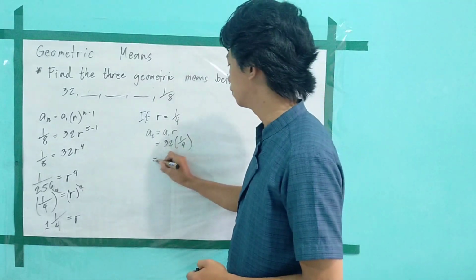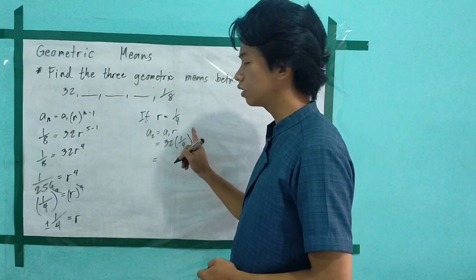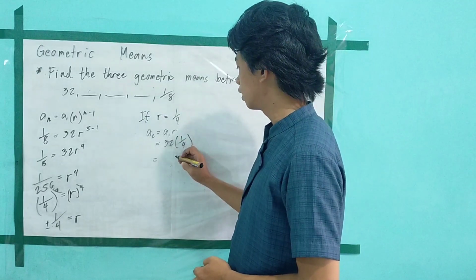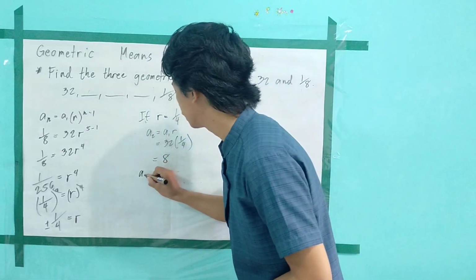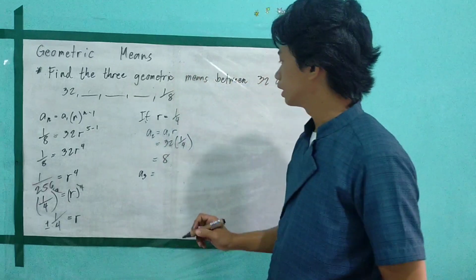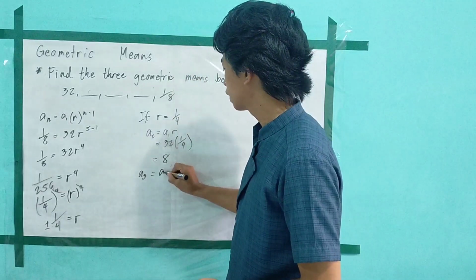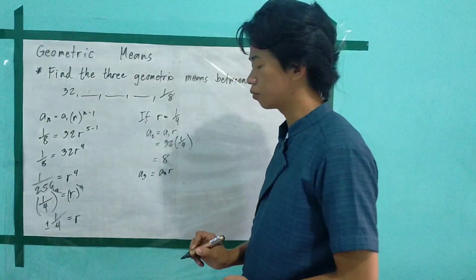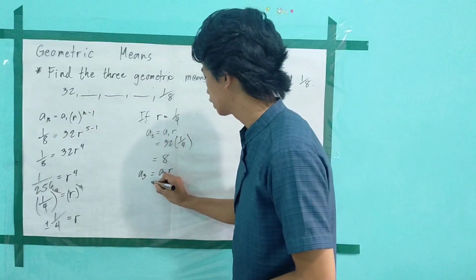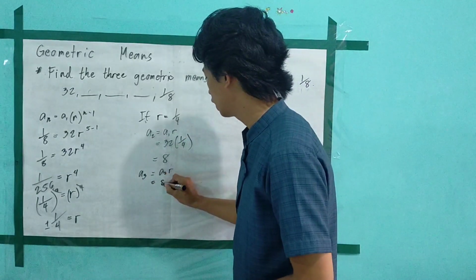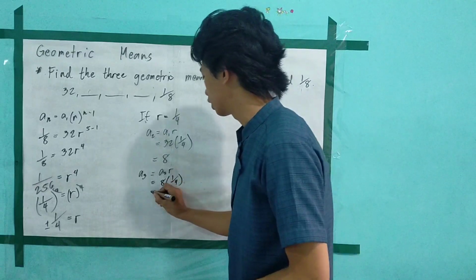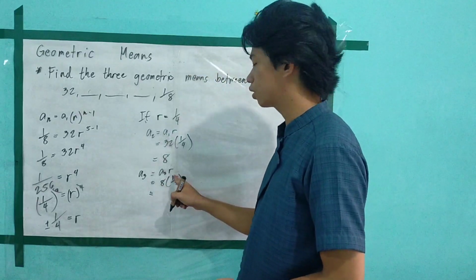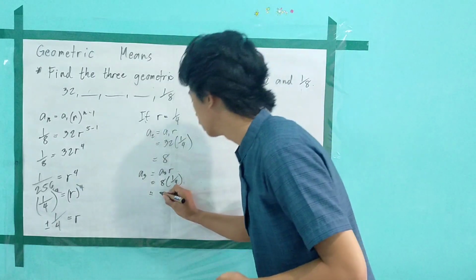Okay, so we have 32 multiplied by 1 divided by 4, we have 8. That's it. Next, for a sub 3. So, a sub 2 multiplied by common ratio. So, ano a sub 2 natin? We have 8 multiplied by 1/4. So, it is equal now to 8 multiplied by 1, 8 divided by 4, we have 2.